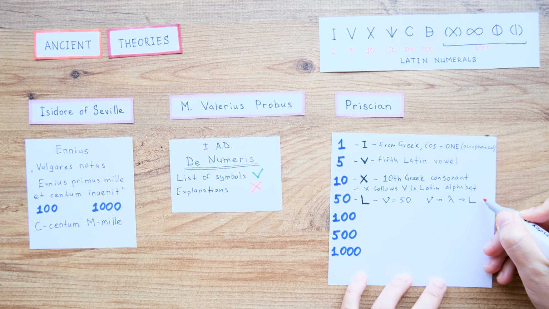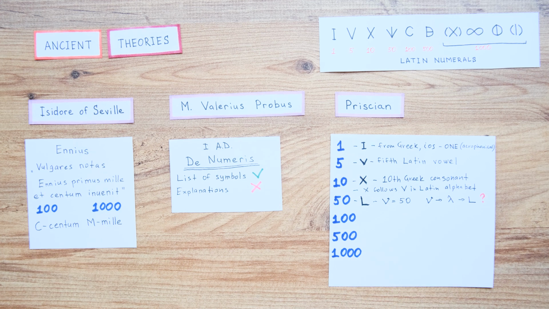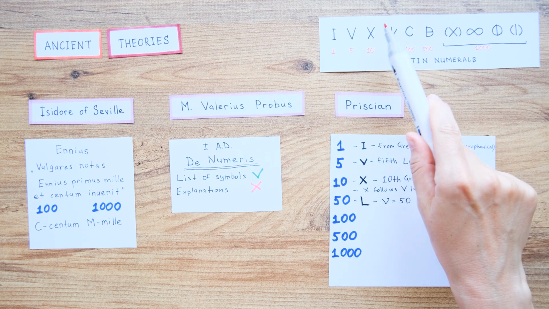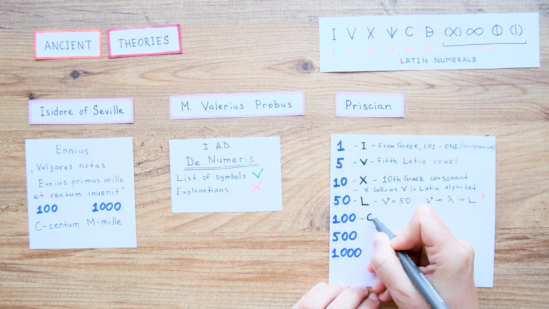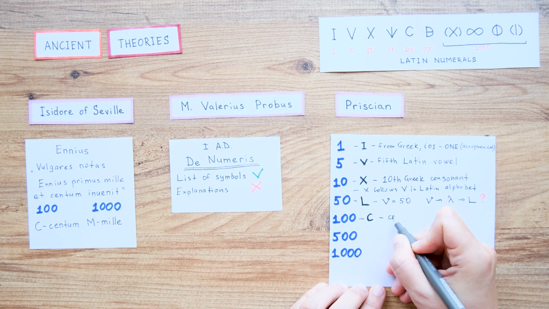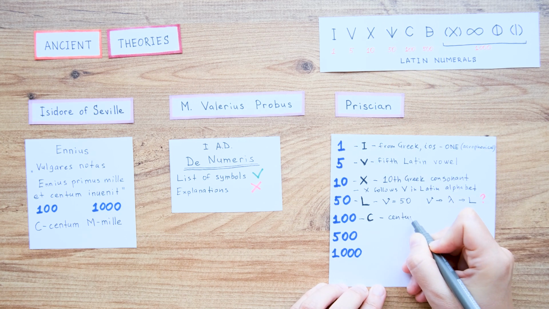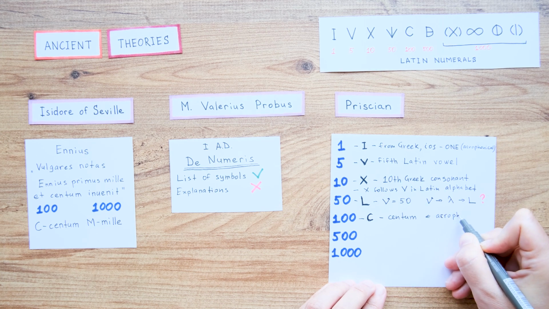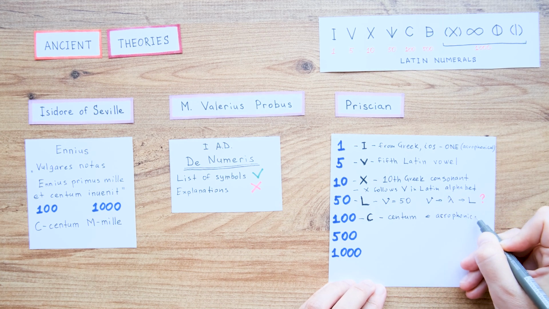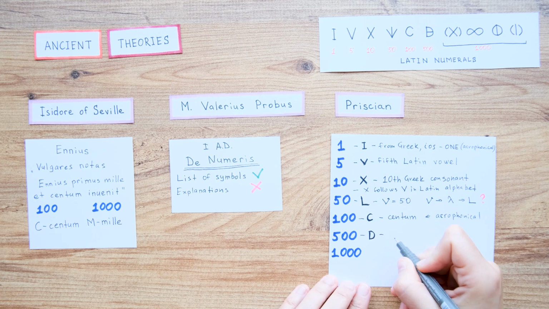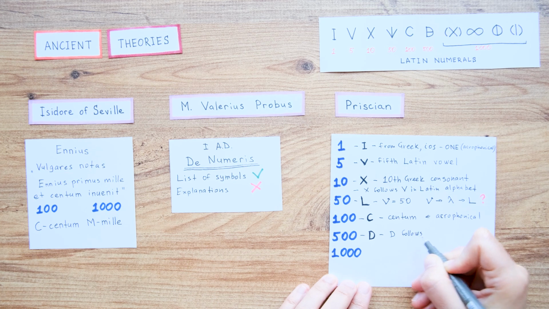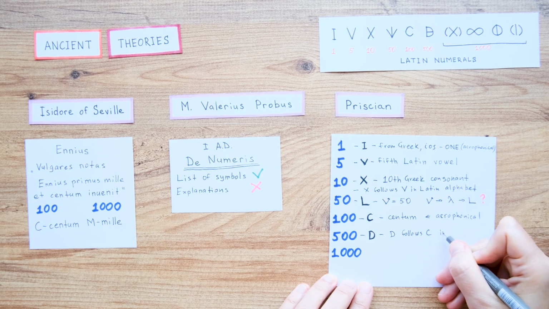And of course it is simply destroyed by the fact that for 50 Romans used a trident sign, and only later it becomes L. Priscian says that C or K is 100 because of the initial letter of centum, 100 in Latin, and here he switched back to the acrophonic principle. D is 500 because 500 is the next numeral after 100, and D follows C in the alphabet.